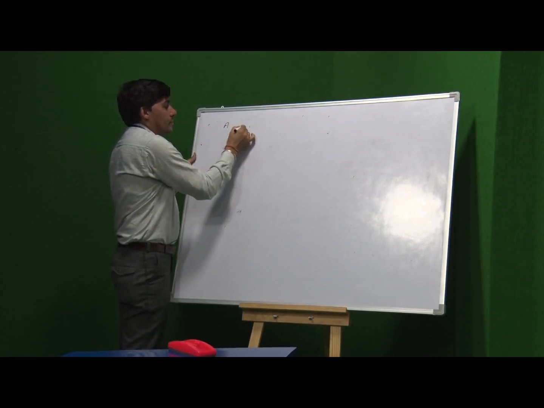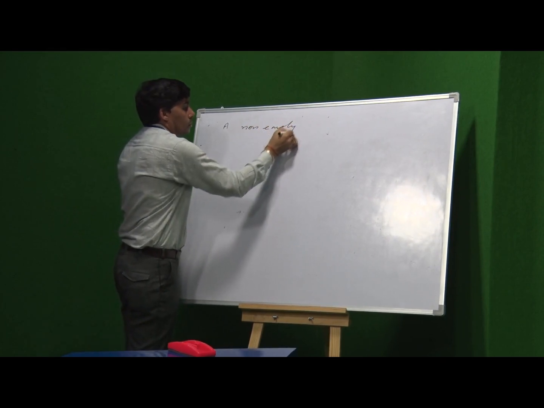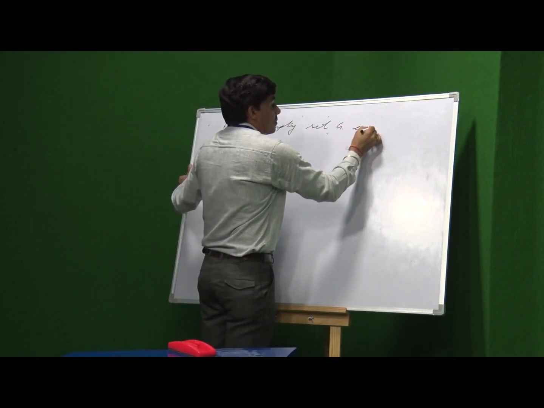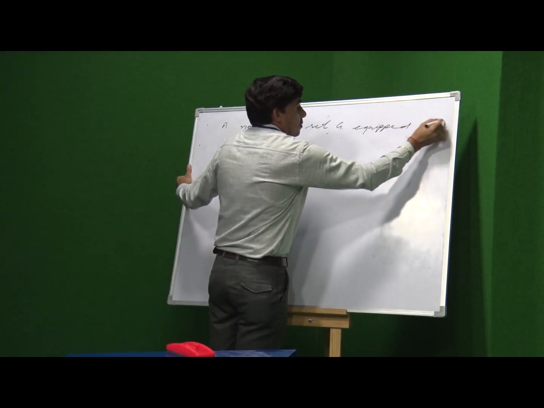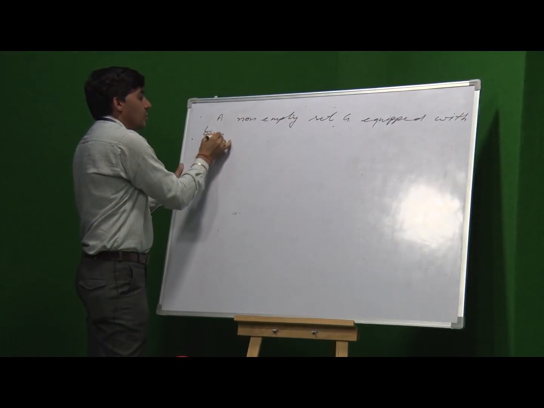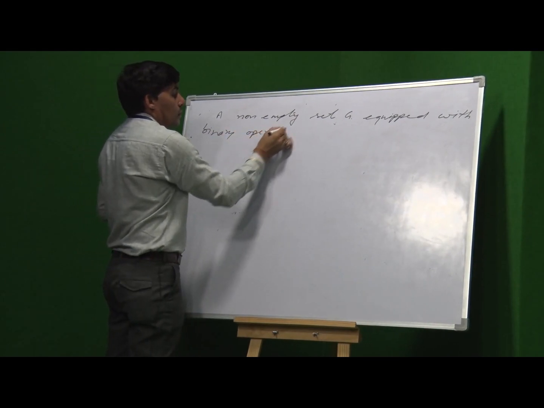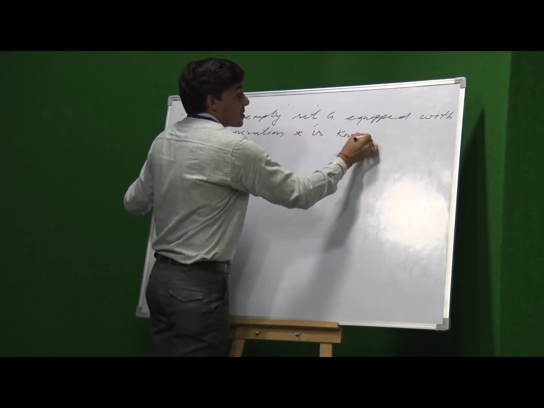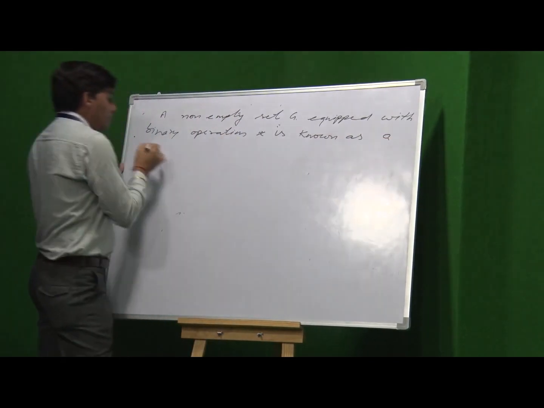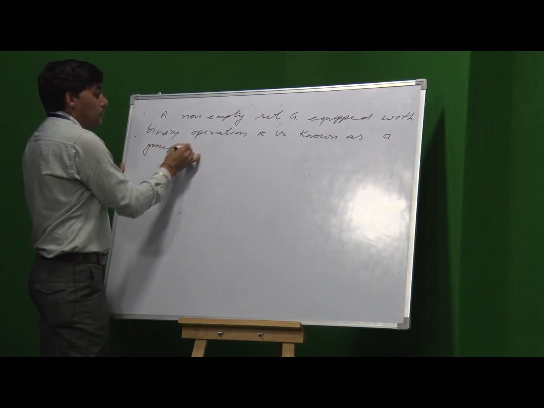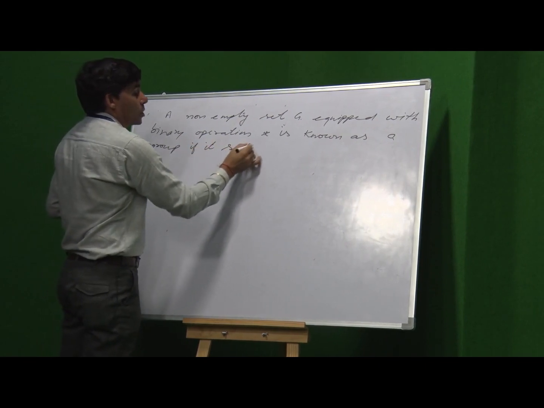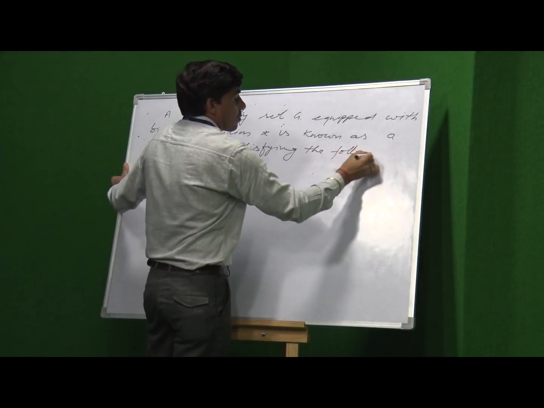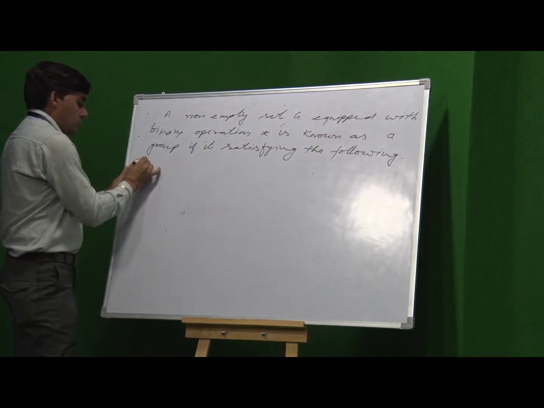A non-empty set G equipped with a binary operation star is known as a group if it satisfies the following properties.